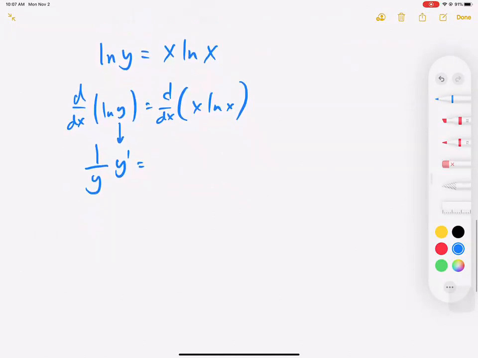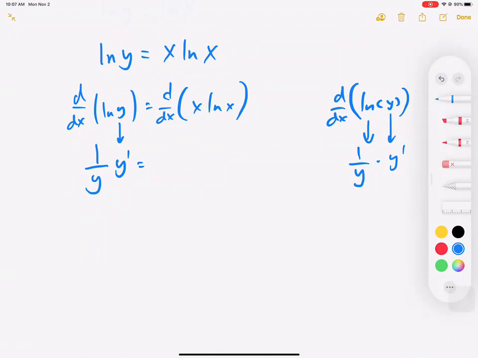Okay, the derivative of natural log first, and then you deal with the y on the inside. The derivative of the outside is 1 over y, leave the inside alone, times the derivative of the inside, which is y prime, just to repeat that. Okay, the derivative of x times natural log of x.